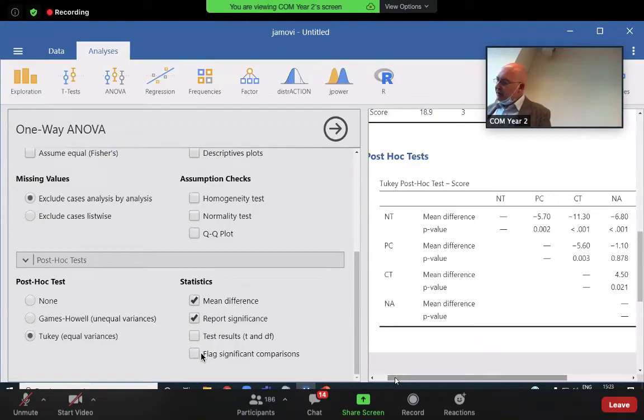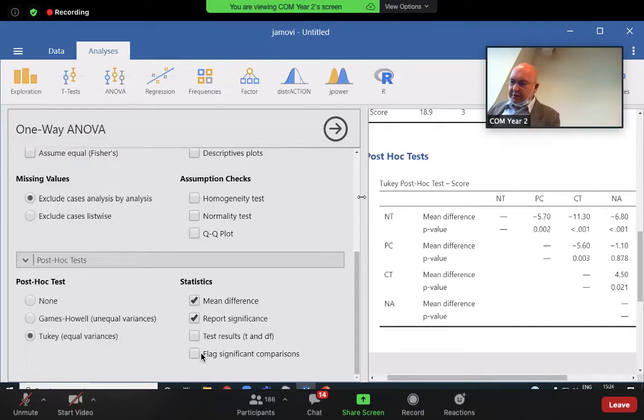And then the placebo control versus conventional therapy, highly significant. The one that is not different is the placebo control and the new age therapy. This is as we saw before, so 0.878. Final one, conventional therapy versus new age therapy is significant. In other words, conventional therapy is significantly greater effect than new age therapy.